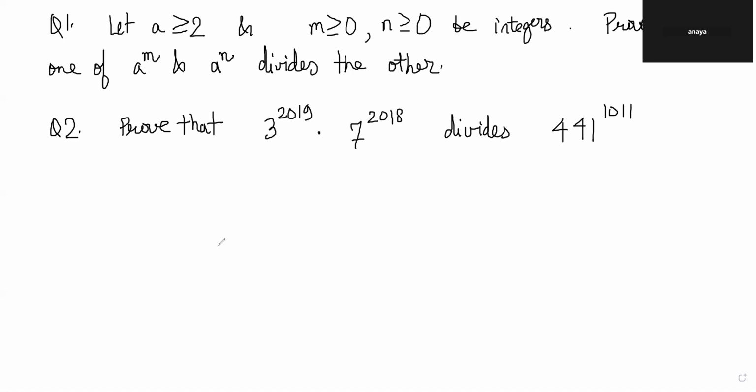A power M is there, and another integer A power N minus M is there. And the product of these two integers is equal to A power N. Therefore, A power M divides A power N. And similarly, you can prove the other cases also from the definition. Right. Try the other one.